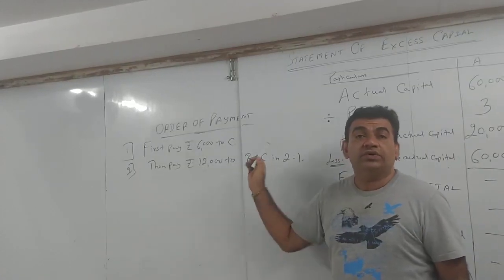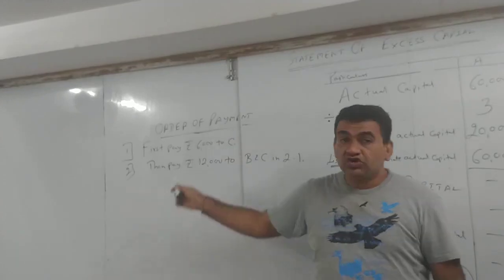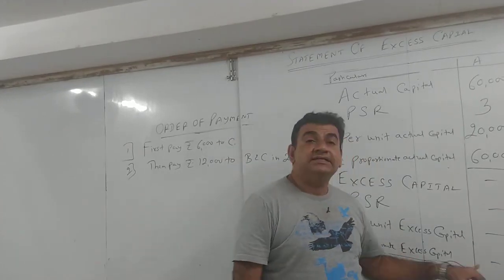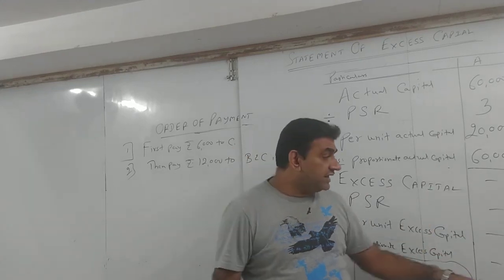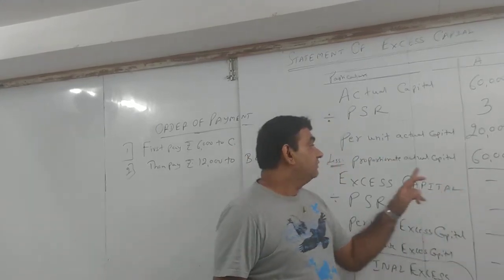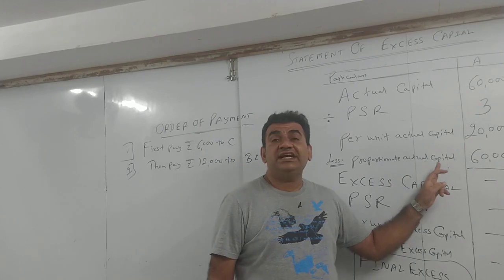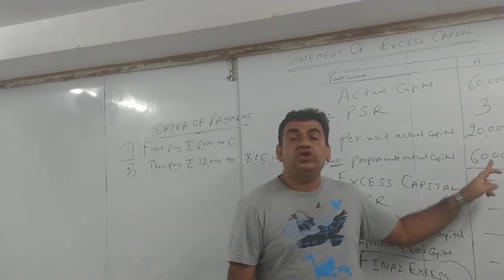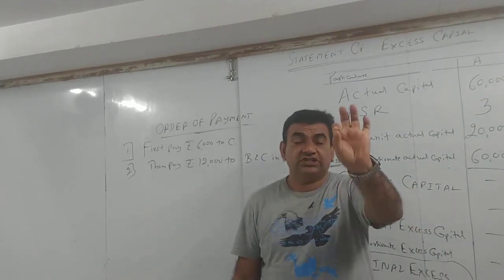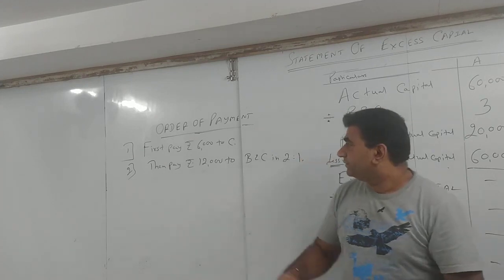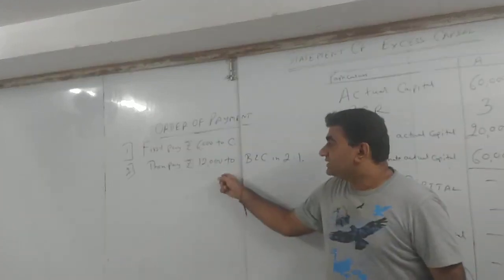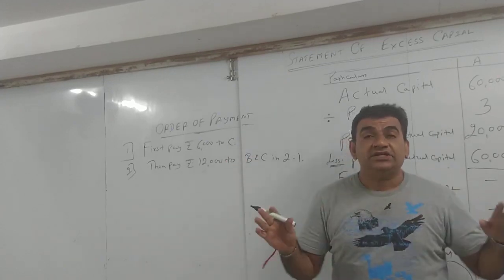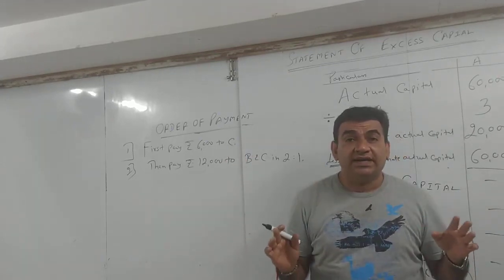First order final excess, second order proportionate excess, and after that the third order will straight away come proportionate actual capital, but you will not write these figures. Third step is very simple. In the first step you may have to pay only one partner, in the second step maybe 2, and in the third step you will pay everybody.